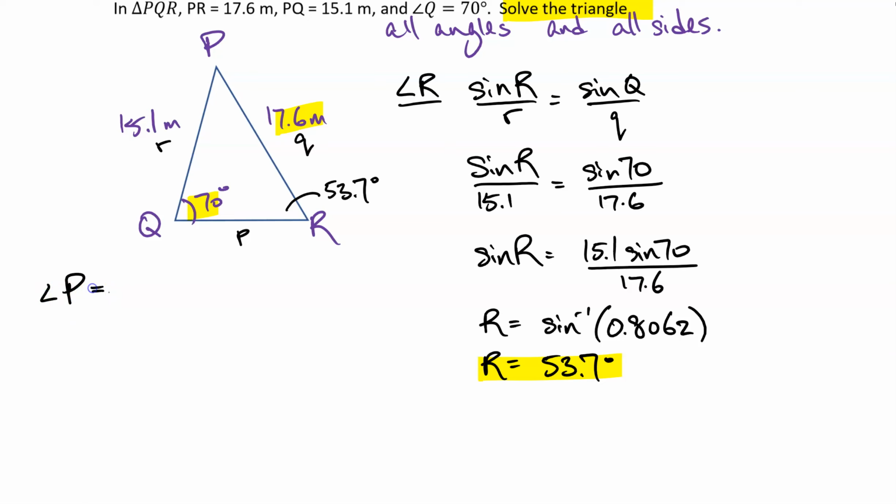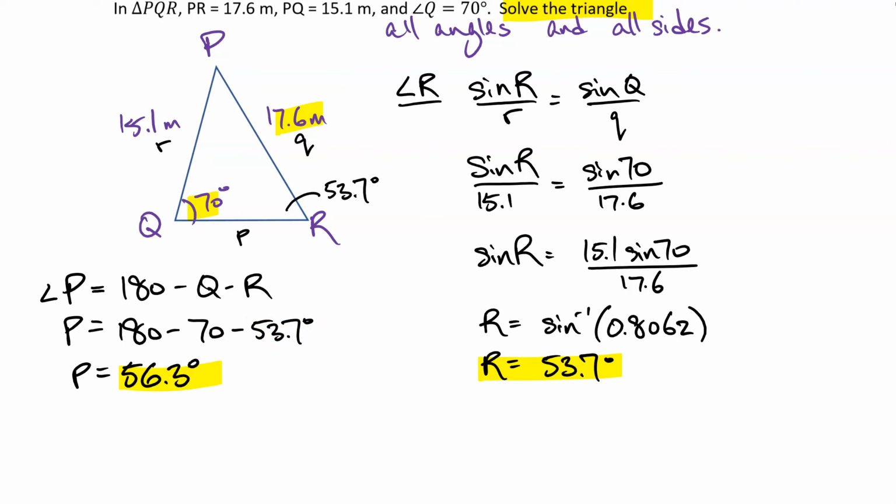Angle P is equal to 180 degrees, which is a total, subtract Q and R. If you do that, you get 180 subtract the 70, subtract the 53.7, and bam, there you go. So we've got Q, we've got R, we've got P is 56.3 degrees.